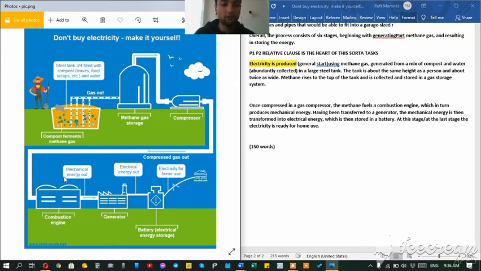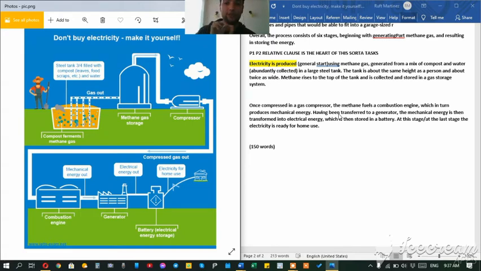So this mechanical energy, now it's not the methane going through, now it's mechanical energy. After the mechanical energy is created in a combustion engine, it comes to the generator, where electrical energy is created. Out means it's created here and it's going out. So I used the passive voice of the infinitive.